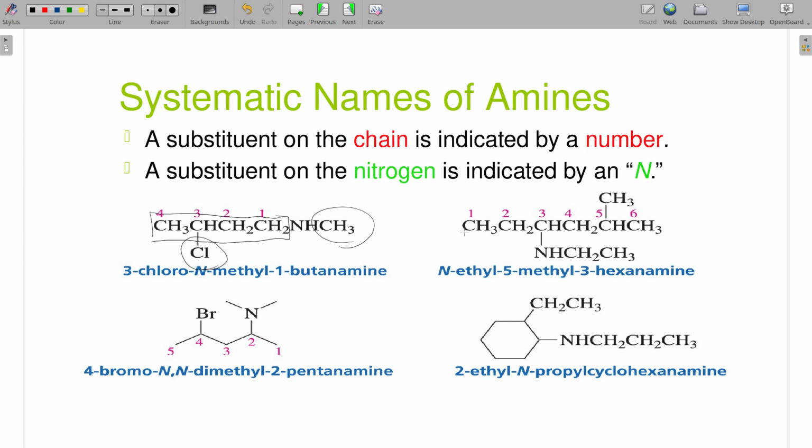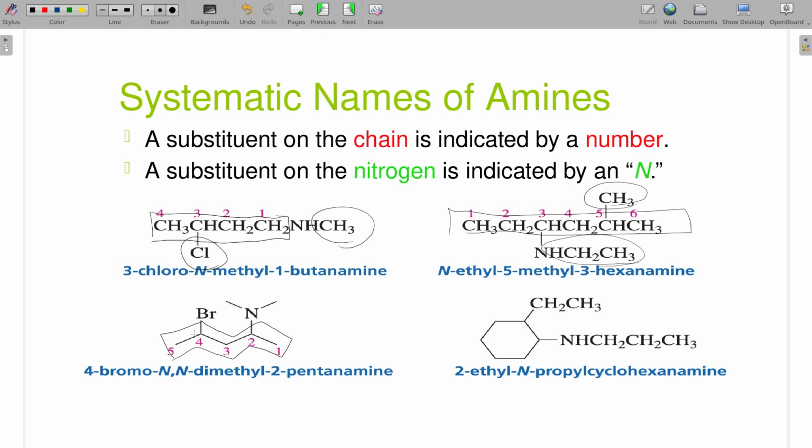Similar thing happened here. Backbone with an ethyl and a methyl. Ethyl comes first, so N-ethyl, 5-methyl, 3-hexanamine. And even on this last one, long backbone, amine being the higher priority functional group gets the lowest possible number.